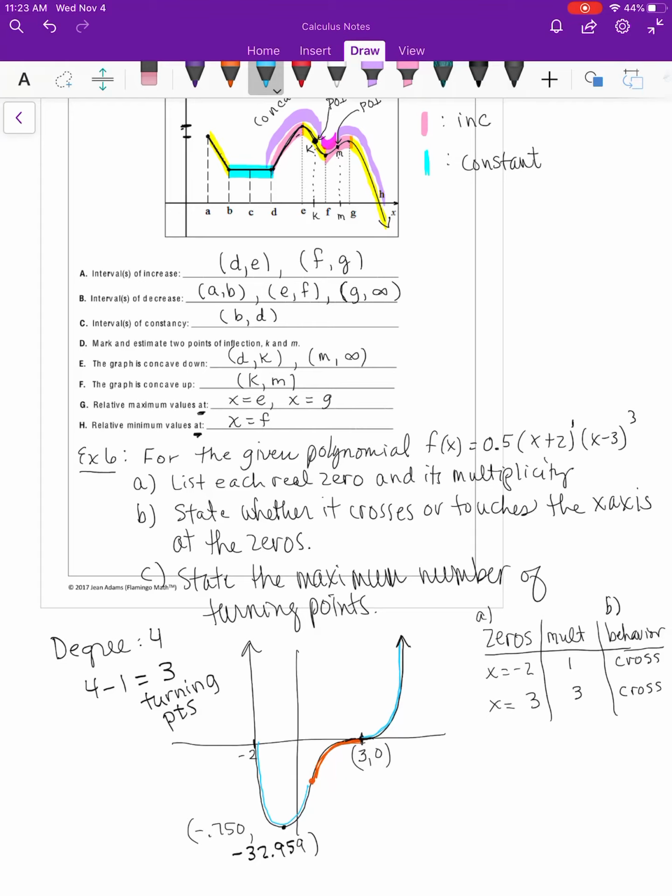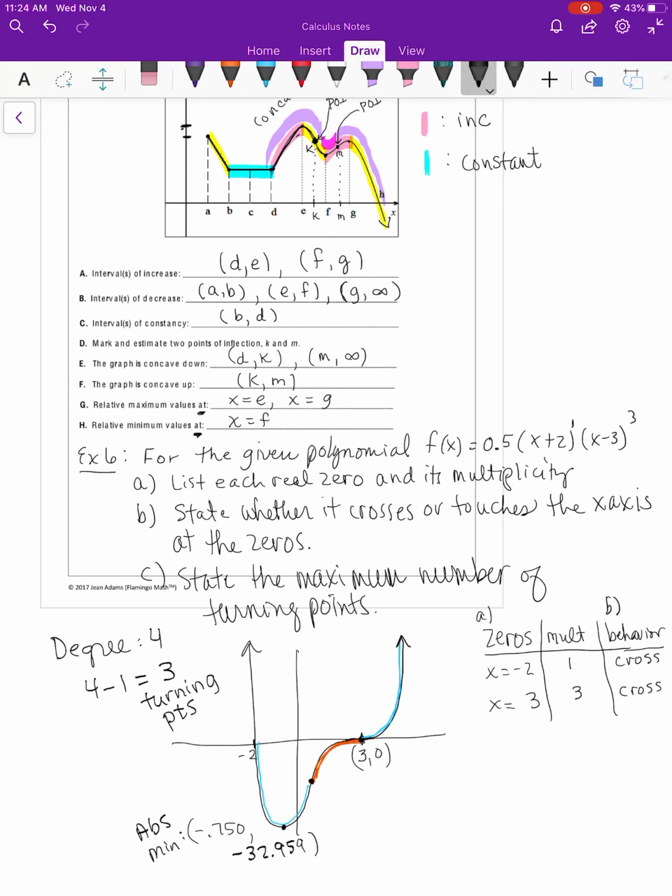The reason I wanted you to pay attention to that is because I wanted us to practice calculating the point of inflection, okay? Because this point of inflection right here, where concavity changes, it goes from being concave up to concave down and then goes back to concave up again. This is going to be in between the 0.30 and negative 0.750, comma, negative 32.959, right? Because this is actually your absolute min for this particular function, right?